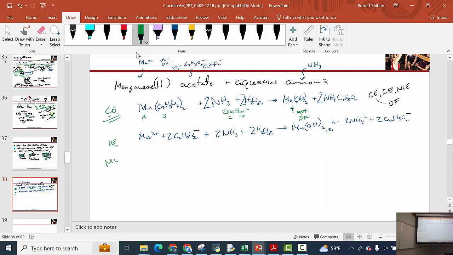All right, then we go to our net ionic equation. So these are all the major species here. When we go to the net ionic equation, what spectators do we have? Acetate.